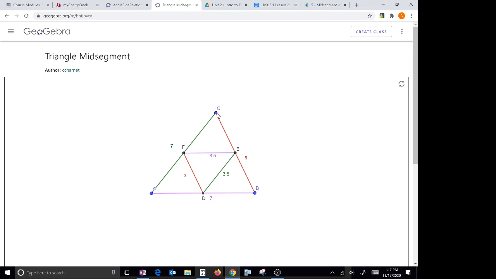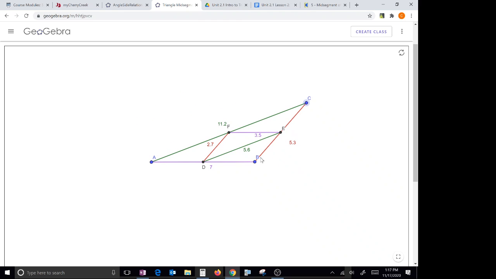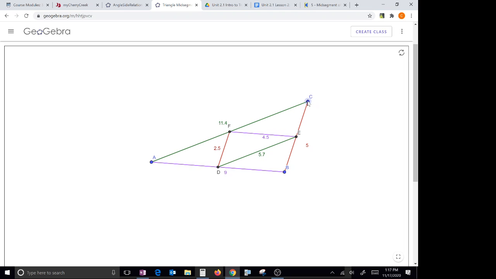And I can move things around here, and you can kind of see it. No matter what the shape, it still maintains that relationship. Now, for the most part, it's hard to see. There we go. These are rounded to the nearest decimal point, so sometimes they don't always match up, but that's only because they're rounding.